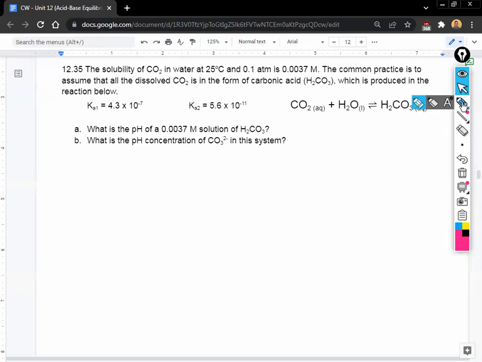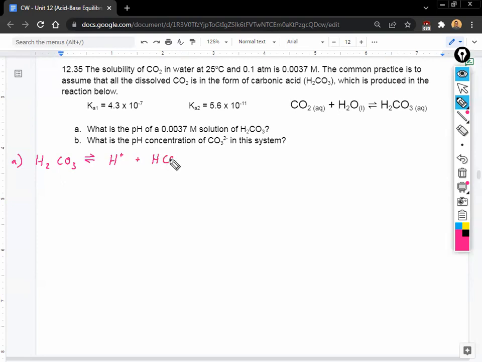So the acid that we're making here is H2CO3. So for part A, the compound we're trying to find the pH for is carbonic acid, H2CO3. Now we know it's an acid, so if we want to find the pH, we need to find the concentration of H plus at equilibrium.